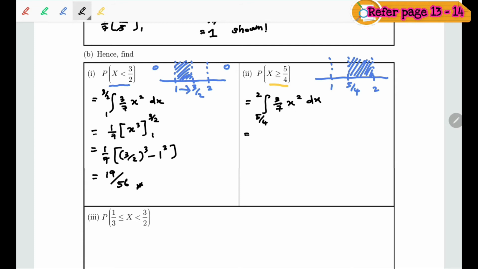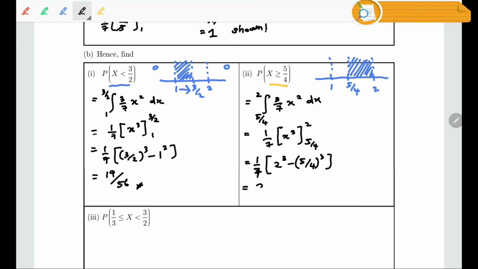Since we have integrated it in the previous part, we just copy down: 1 over 7 of x cubed with the limits 5 over 4 to 2. Then substitute the limit, which is 2 cubed minus 5 over 4 cubed, and calculate. At the end, you get the final answer 387 over 448.